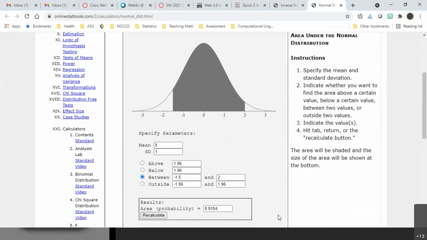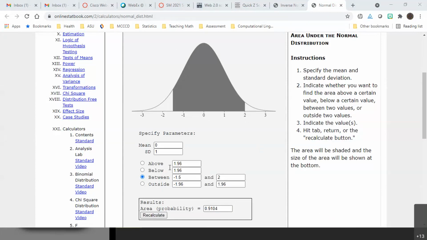I'll click recalculate, and you can see I get the same probability. What I like about the online calculator is it shows you the probability density function, and it shows you the area you're talking about. I like the visual feedback. Okay, so see how to use both normal calculators. Everybody good with that?